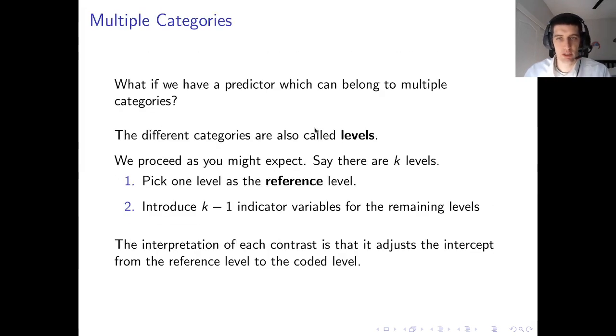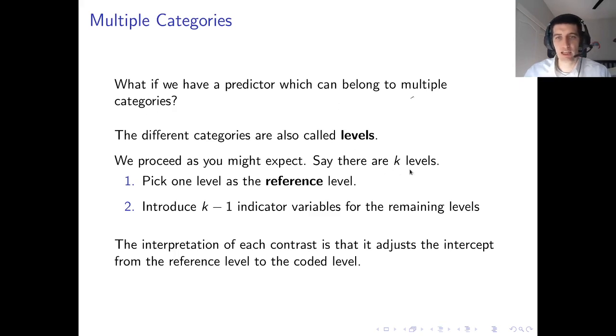So that is the single category description. We have a category and its complementary category, so what if we have multiple categories? We call the different categories levels. This is another way to describe it. We basically use the same kind of technique we've been using, where we're encoding categories into this situation where we have multiple categories.